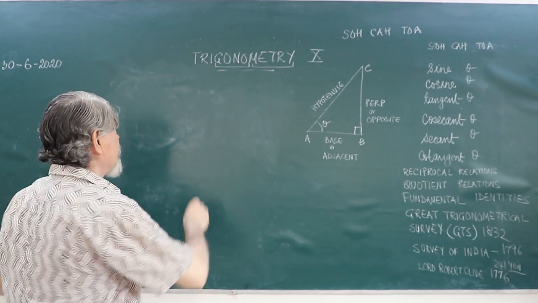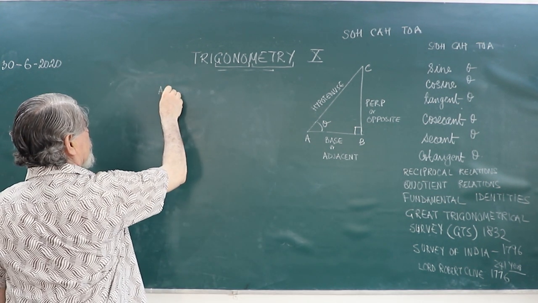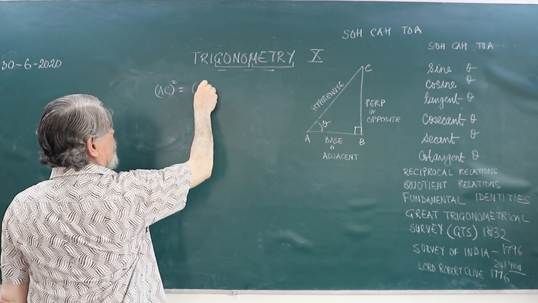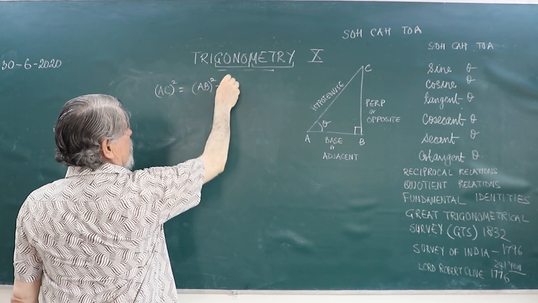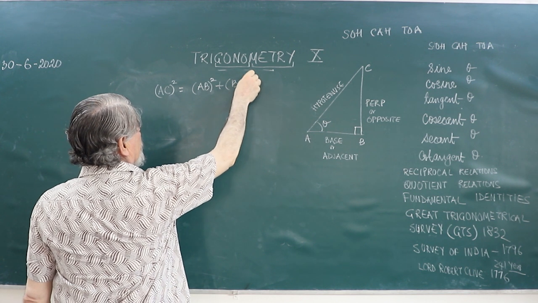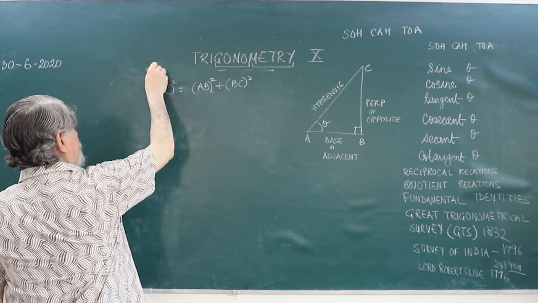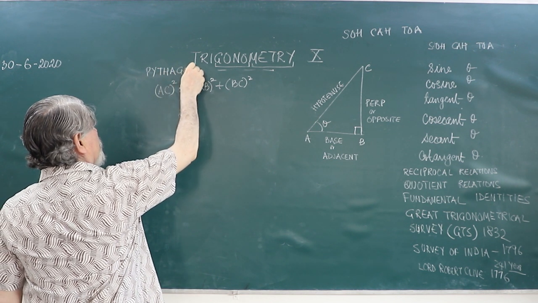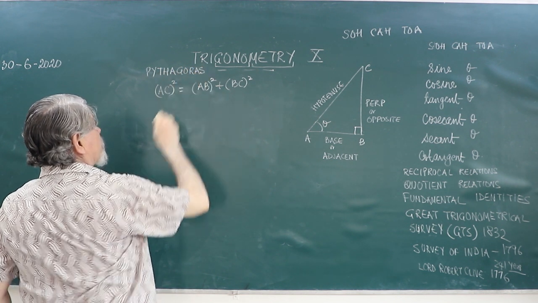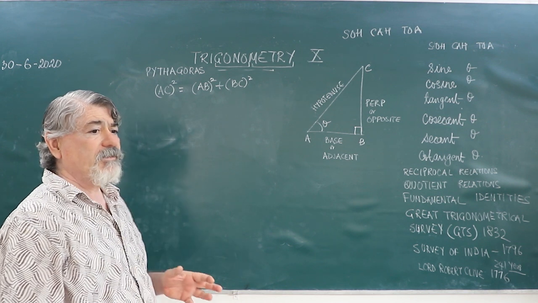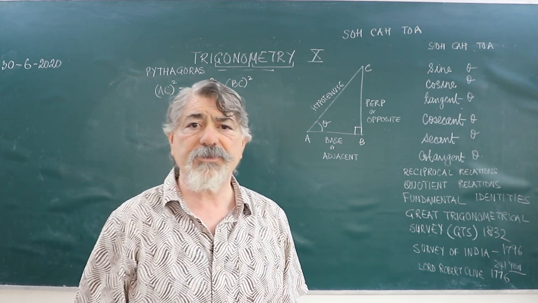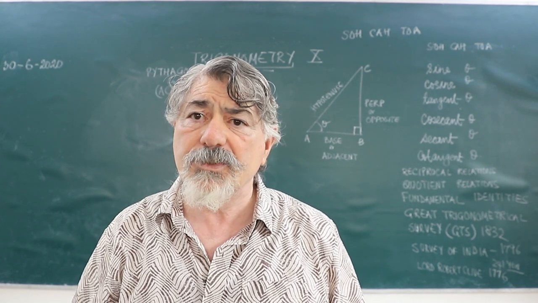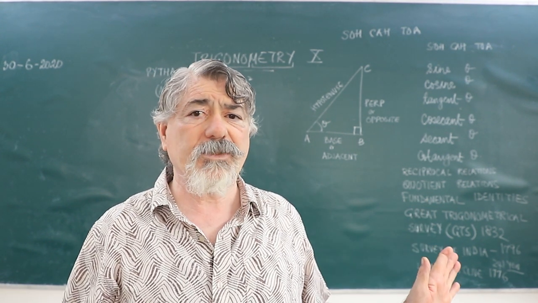In this right angle triangle, AC square is equal to AB square plus BC square. This is Pythagoras theorem.